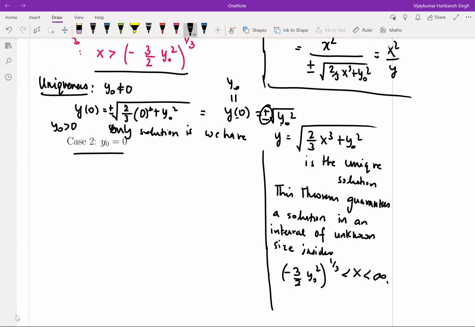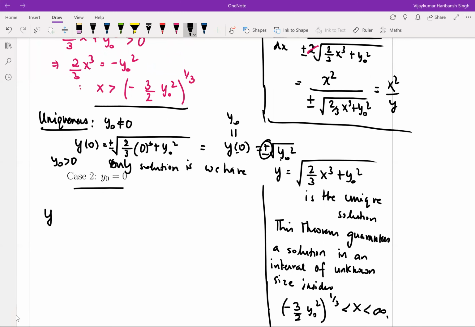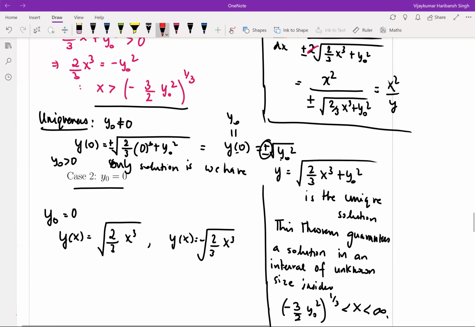Now, what about the second case when y naught is 0? So if y naught is 0, let's go back to this. Then we get y of x equals the square root of 2 by 3 x cubed, and y of x equals the square root of 2 by 3 x cubed with a minus sign, because you can't use this to determine the sign now, since this is 0.